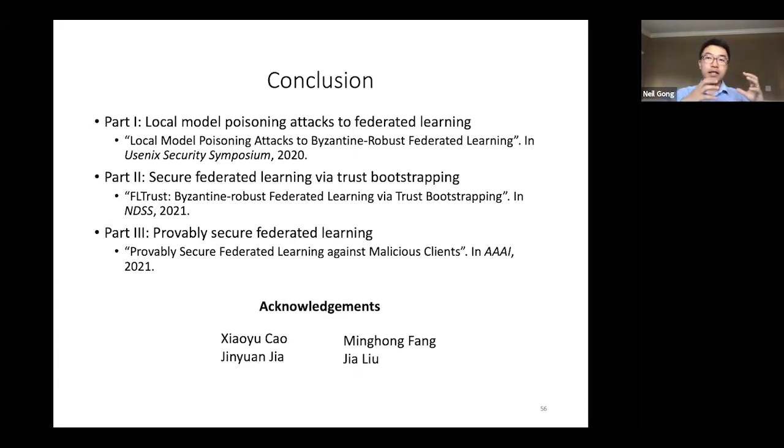But when we do this, we may get a smaller certified accuracy. So there is a trade-off. If we want a larger certified accuracy, we may train more iterations for each global model. I hope that answers your question.